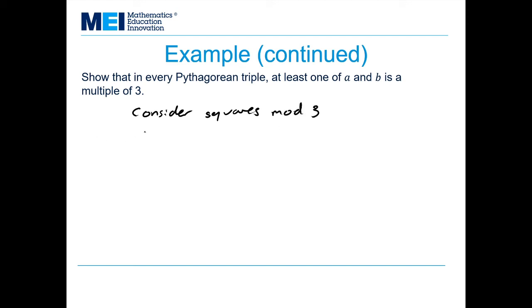If I'm working mod 3, there are only 3 values to consider: n equals 0, n equals 1, and n equals 2. So 0 squared is just 0, 1 squared is 1, and 2 squared, 2 times 2 is 4, which is congruent to 1 mod 3.